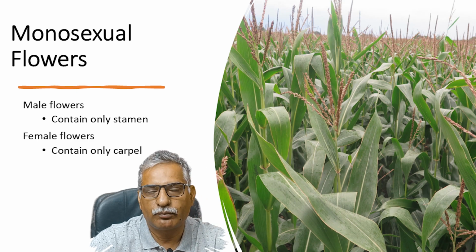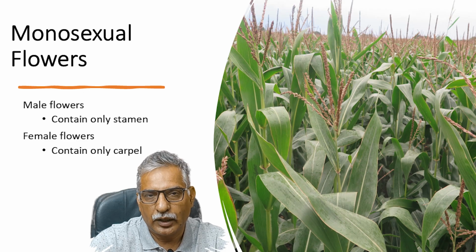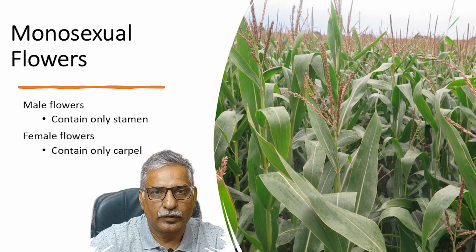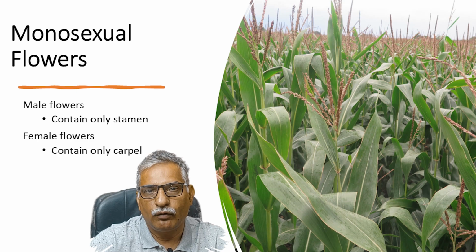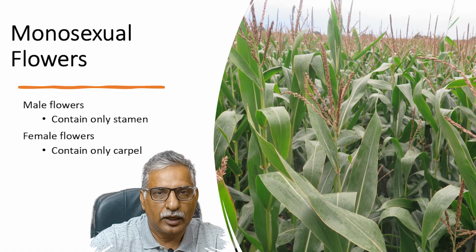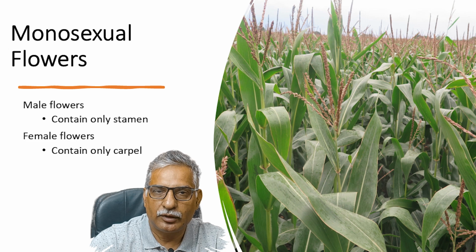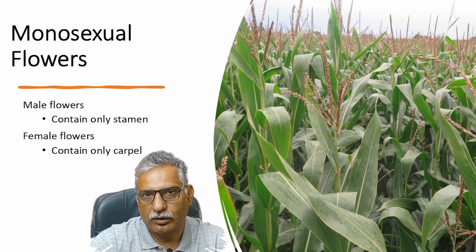The well-known example for this is corn. In the corn plant, flowers are produced in two tiers. On the middle tier, we have female flowers that contain only carpel but no stamen. And on the top tier, male flowers are produced that contain only stamen but no carpel at all.